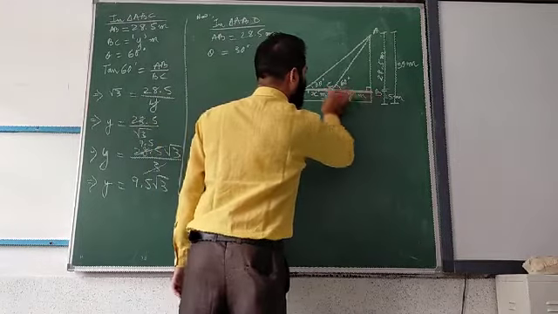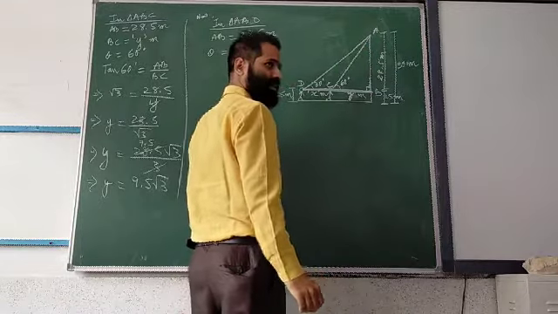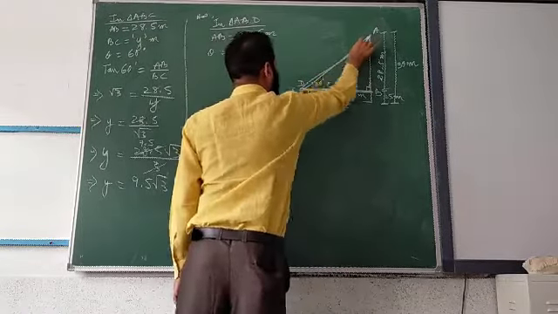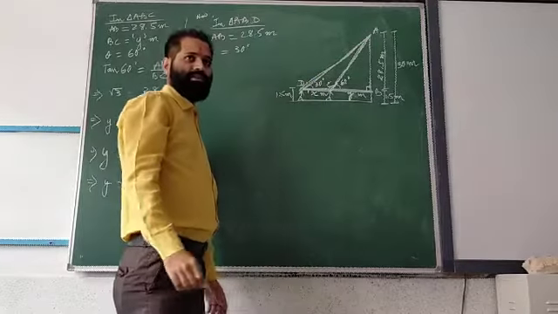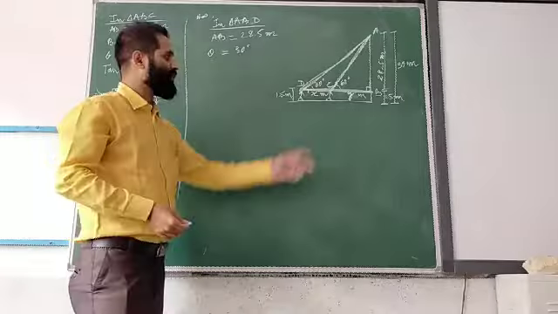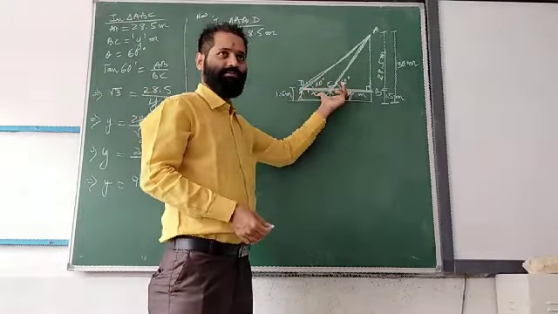I will take it as a whole because this will form a right angle triangle. Students used to take this triangle, which is useless. This is not a right angle triangle, so try to see that it should be a right angle triangle. So I am taking ABD. In that case, this as a whole is the base.